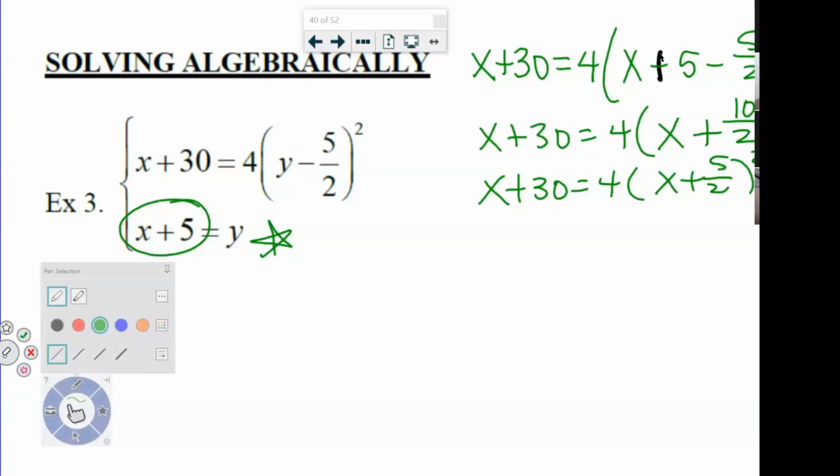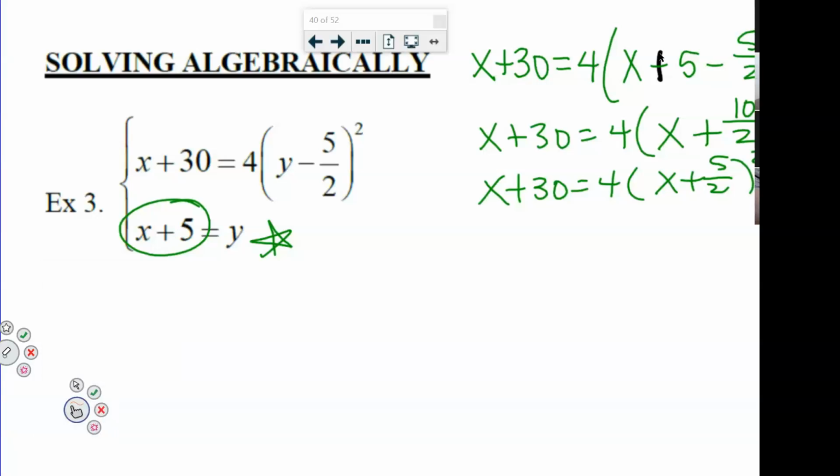All right, let me change color because color is fun. So when you FOIL out that perfect square trinomial, guys, you get this. Now let's distribute.